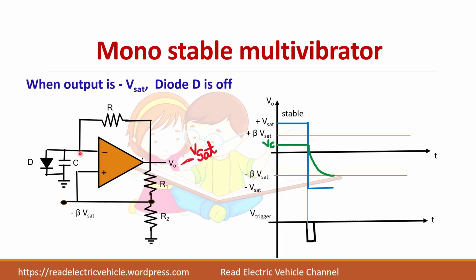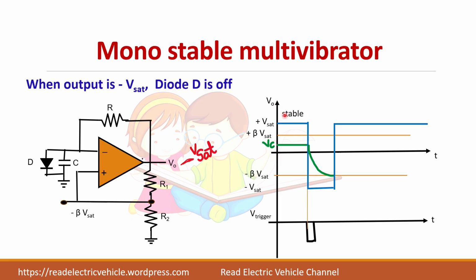So once the capacitor voltage tries to fall below minus beta Vsat, this terminal will be more negative, so the plus terminal will be more positive, and output changes to plus Vsat. So it changes automatically from quasi-stable state to stable state without any triggering pulse.